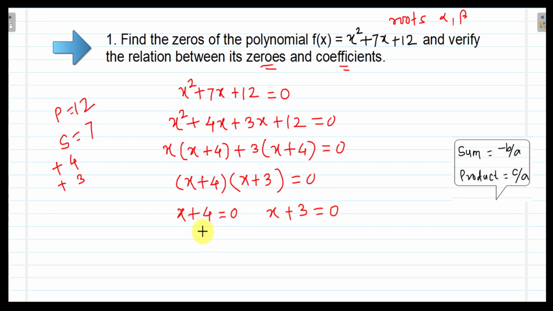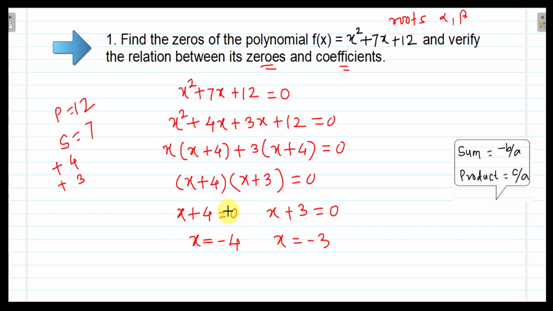Now this is a linear equation in one variable. We can solve this linear equation by taking 4 to the other side, and so we will get x is equal to minus 4. And take 3 to the other side, then we will get x is equal to minus 3.